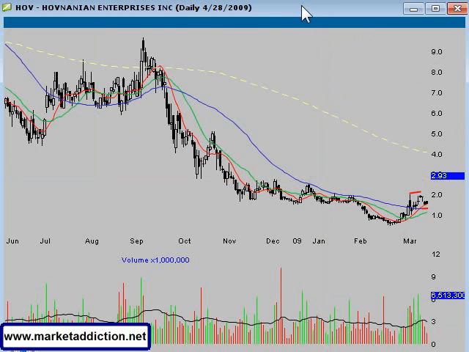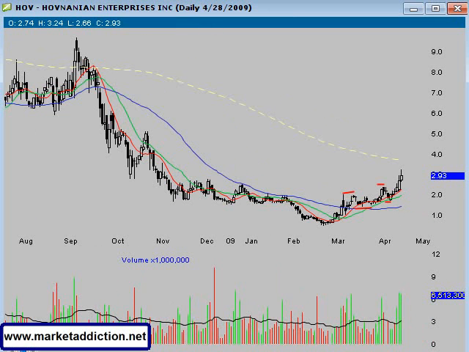I think I had posted something like 280 on the chart, but whenever I enter these, my exits usually aren't precise, because a lot of times what can happen is you'll have it run up, almost touch your target, and then pull back off. So you can't really take these too literally. And a lot of times I'll exit before it hits my target if it's starting to show weakness before it gets there.